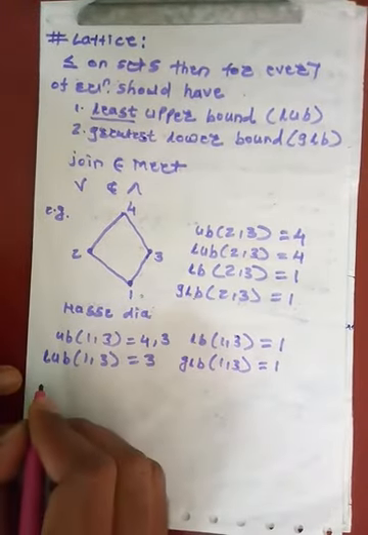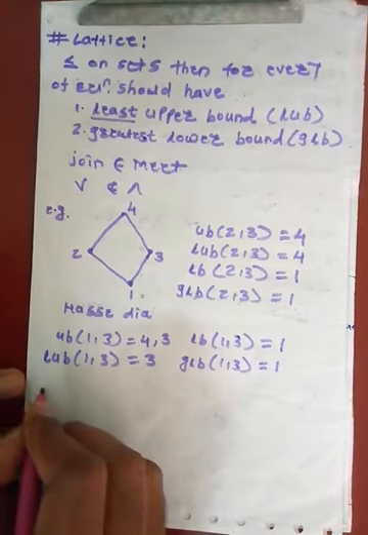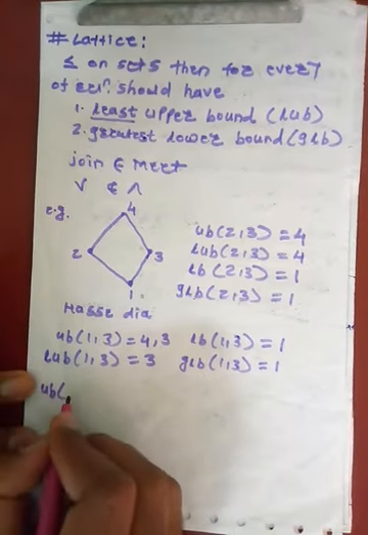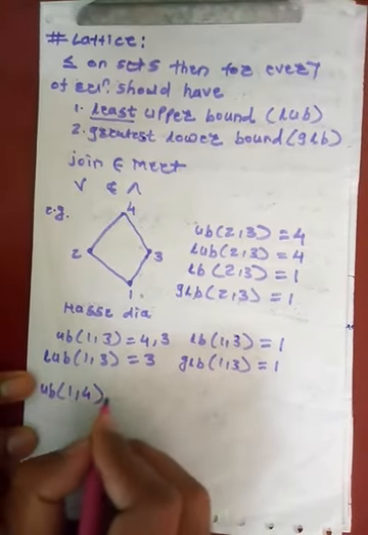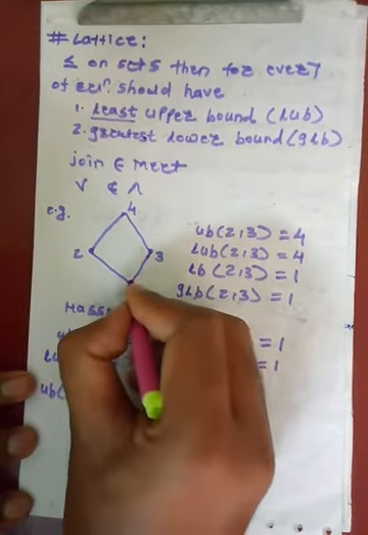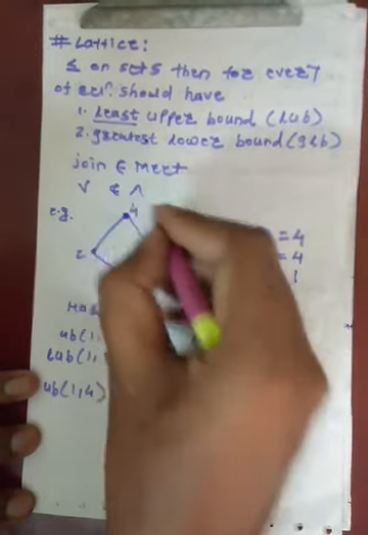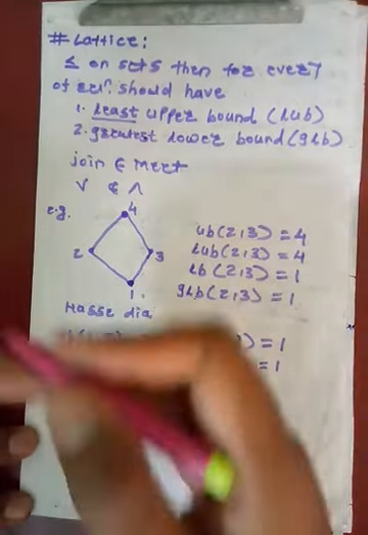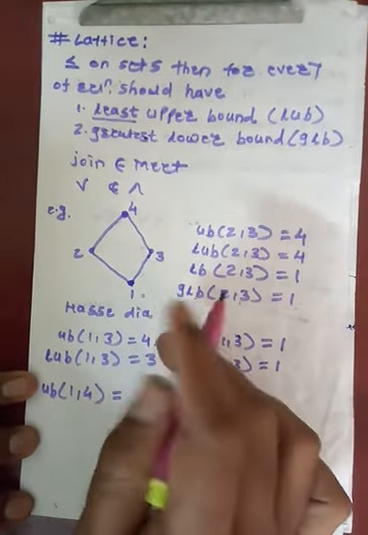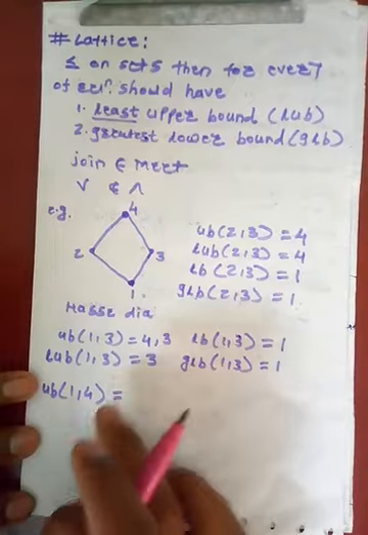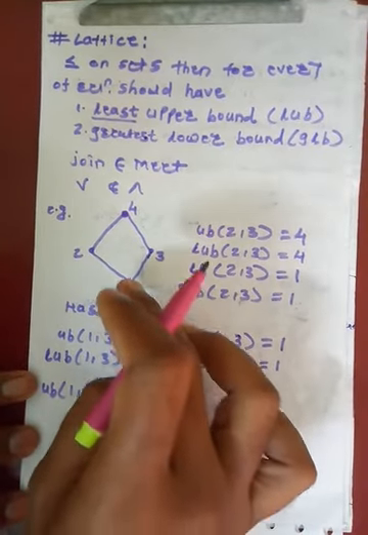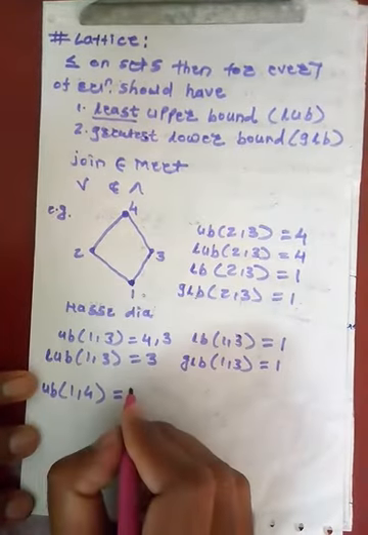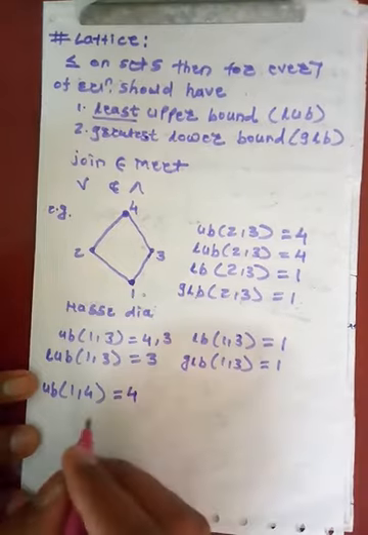If it is satisfied for each pair, then it is a lattice. Consider one more example, the upper bound of 1, 4. Here is 1, here is 4. Upper bound means upper level, the value which should be greater than or equal to 1 and 4, so it is 4, right?